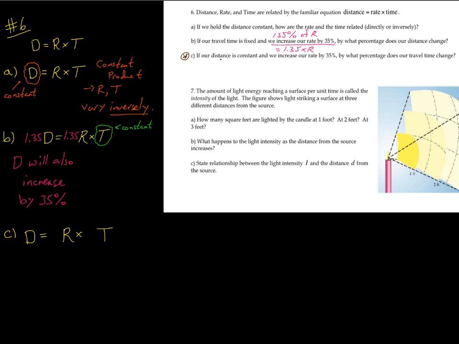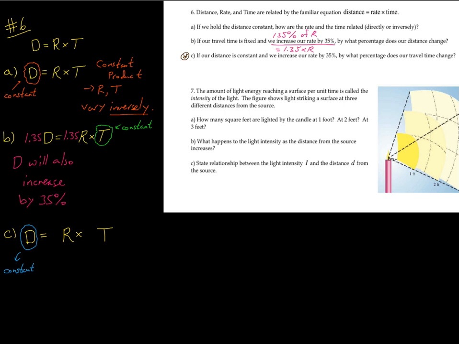Here, one difference, of course, is that we're now going to fix the distance as opposed to the time like we did in part B. So this part here, the D on the left, is our constant. And what we said in part A, right, that would then imply that the rate and the time would vary inversely, so same kind of thing here.